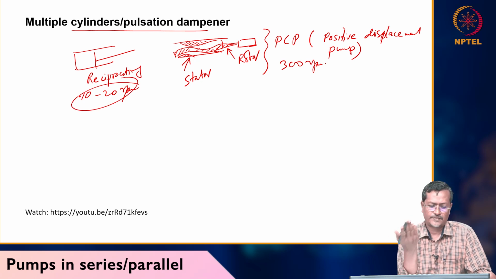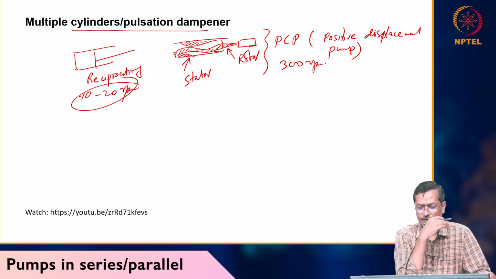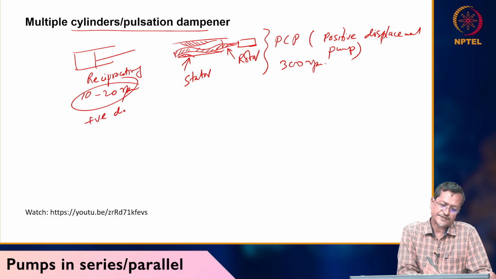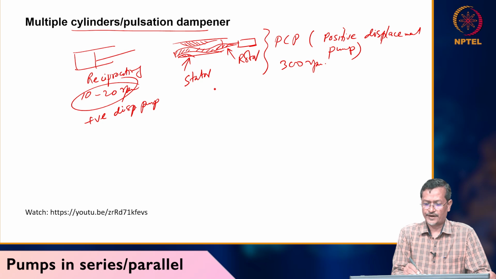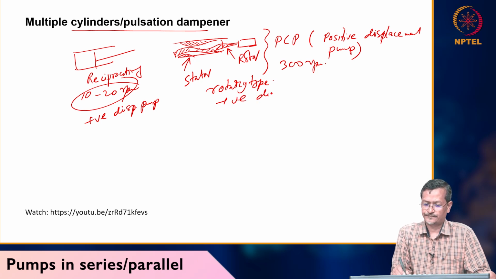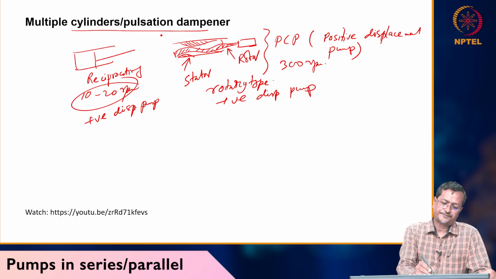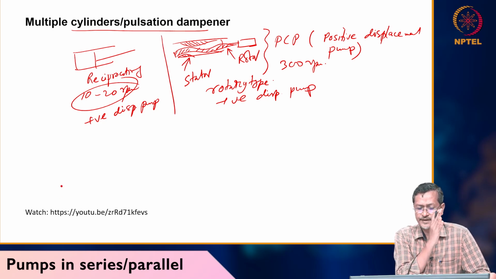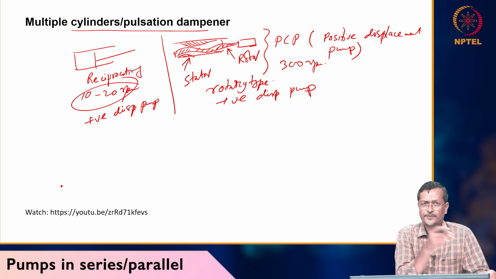This is the reciprocating type positive displacement pump, and this is the rotary type positive displacement pump. The reciprocating type is very slow speed, and the rotary type speed will be a little bit higher.